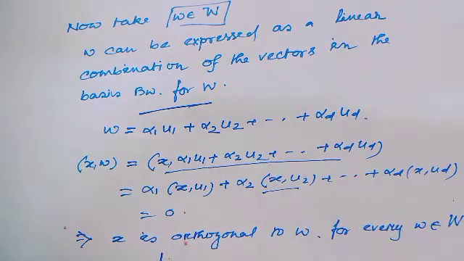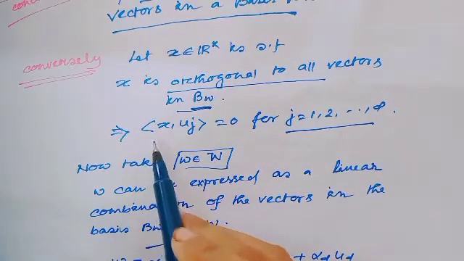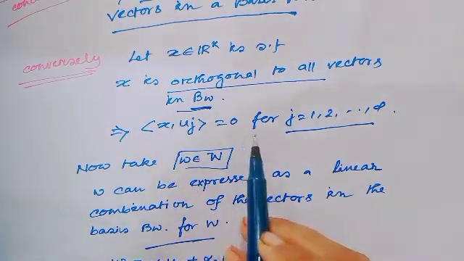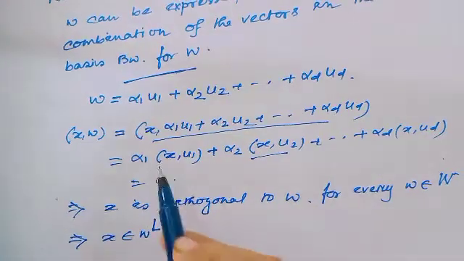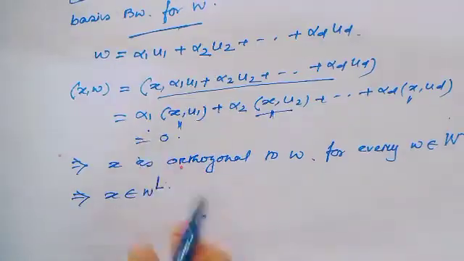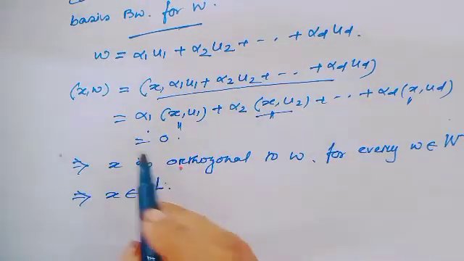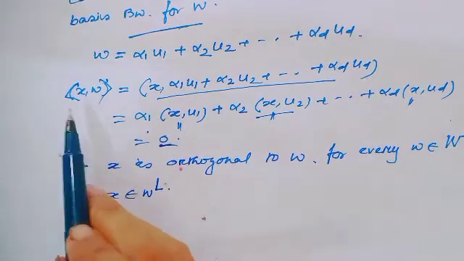And x is orthogonal to all basis vectors, so the inner product of x with uj equals 0 for j equal to 1 to d. That means all these values equal 0, so the inner product of x with w equals 0.